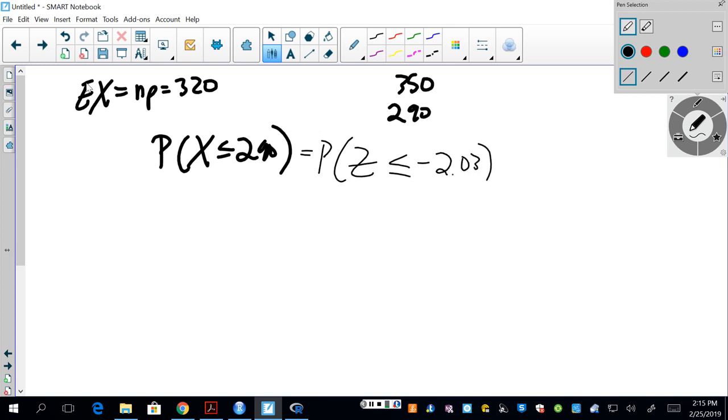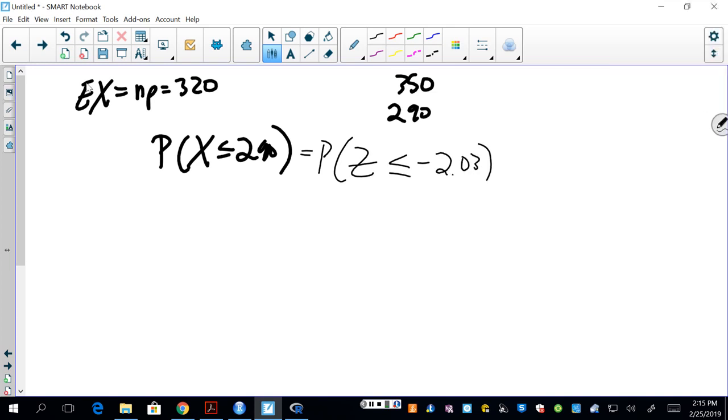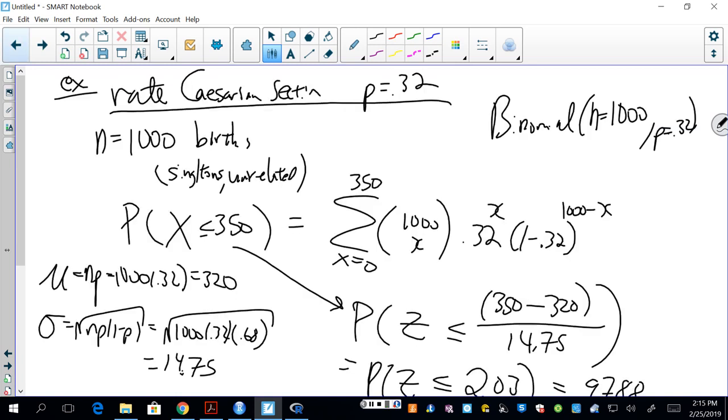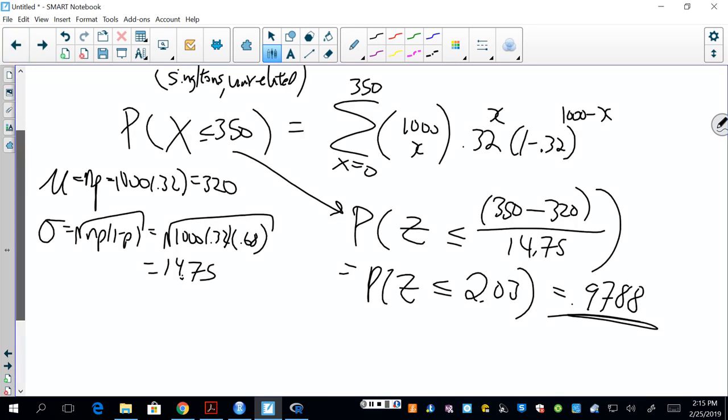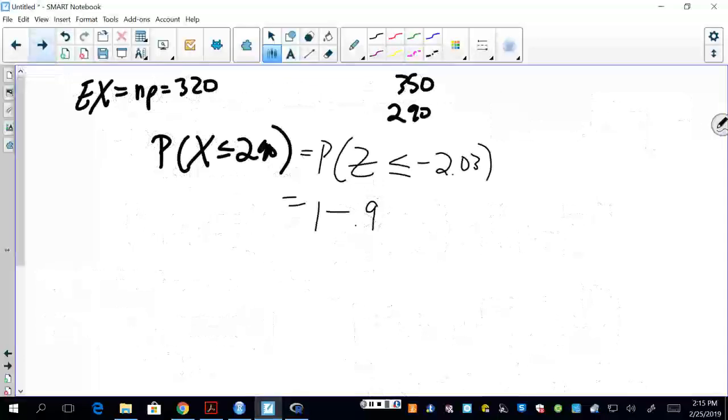So 30 above translates into 2.03. So 30 below translates into the negative. And then that is going to be 1 minus 0.9788, so 0.0212.